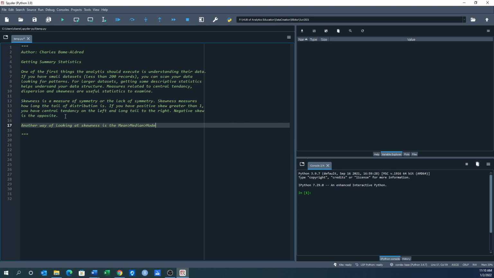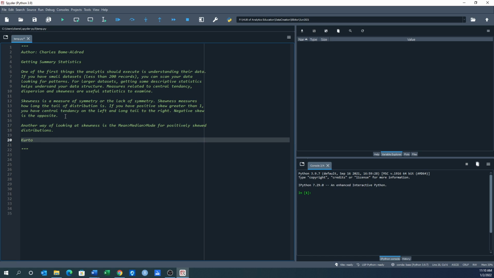And for negative, it's just the opposite: the mean is less than the median is less than the mode. Okay? So this is for positively skewed distributions. And as I said, negative would be the other way. All right?